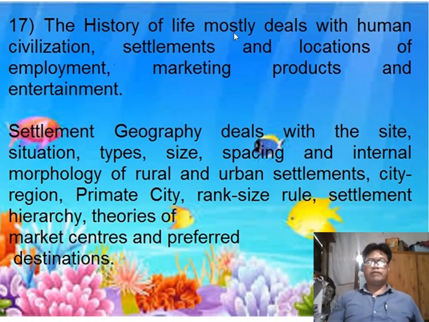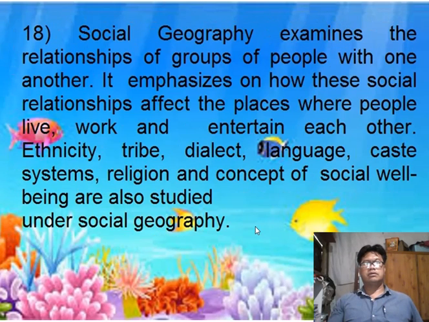The study of human life mostly deals with human civilization, settlements and locations of employment, marketing, products and entertainment. Settlement geography deals with the site, situation, type, size, spacing and internal morphology of rural and urban settlements, city regions, primate city, rank size rule, settlement hierarchy, theories of market centers and preferred destinations.